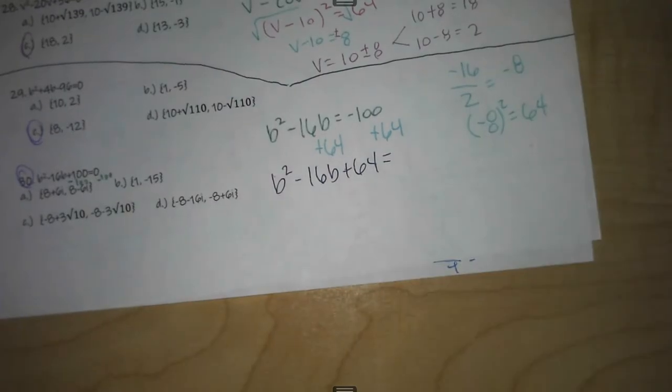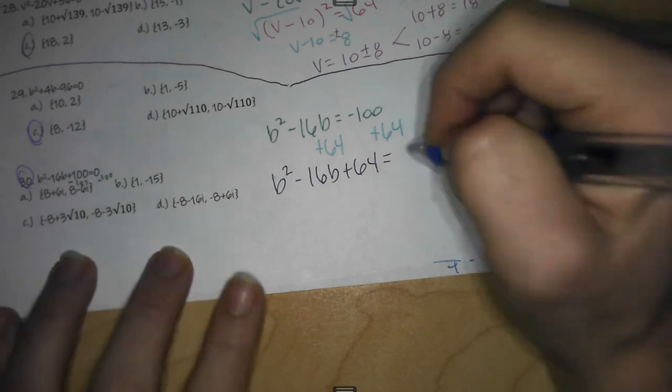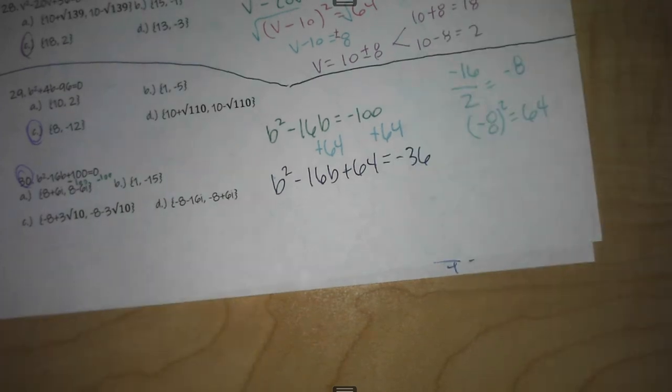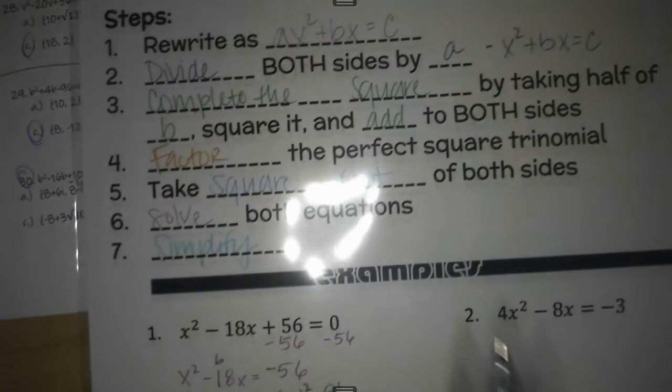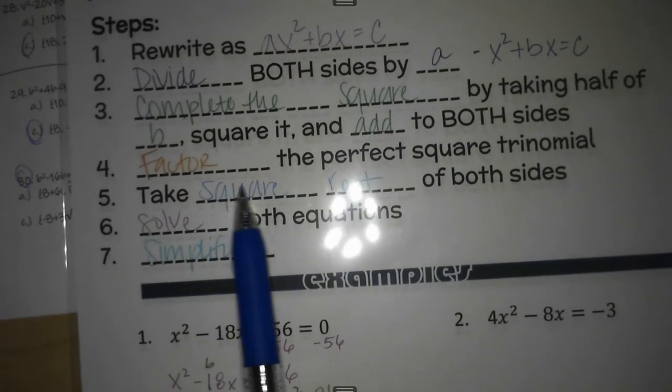On this side, we've got negative 100 plus 64. It's negative 36. Now I'm going to factor the perfect square trinomial.